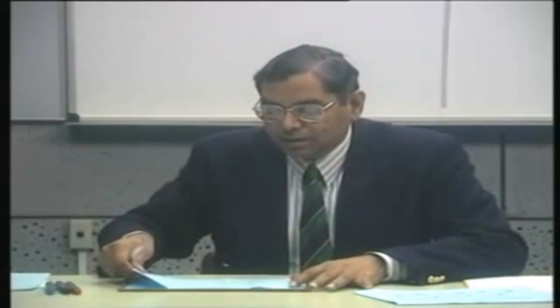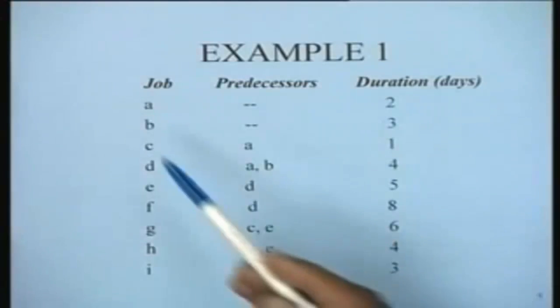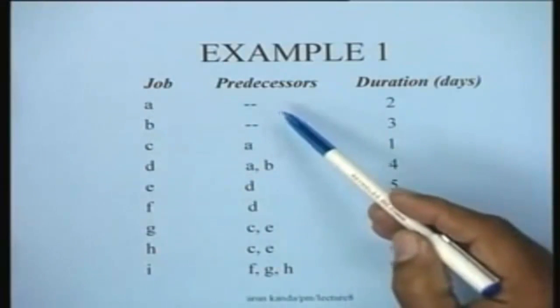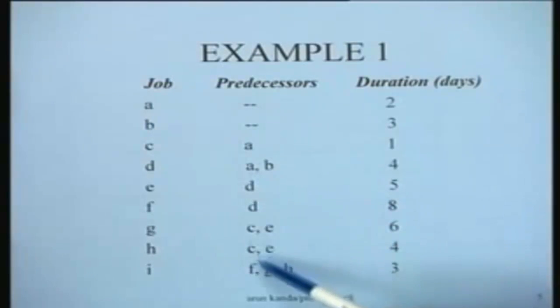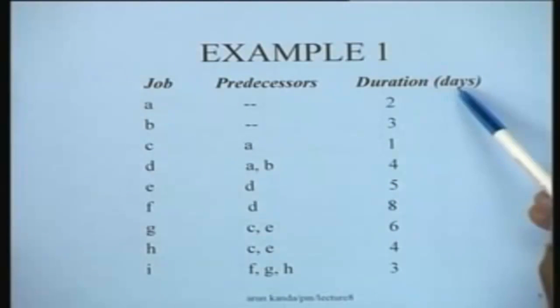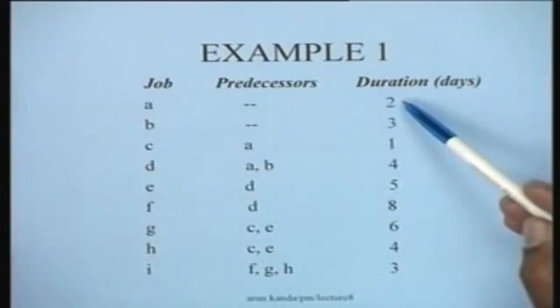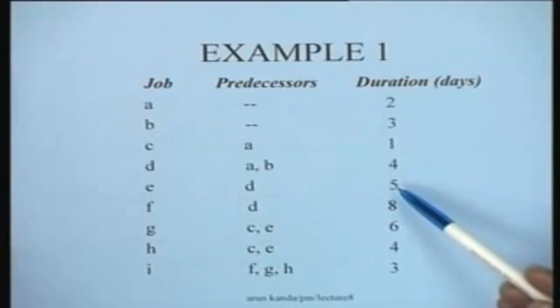And let us take an example. The predecessors for each of these jobs are identified as shown in this list, and we are assuming that for each of these jobs we have estimates of the duration of the job in days, and these estimates are given here in this particular list.